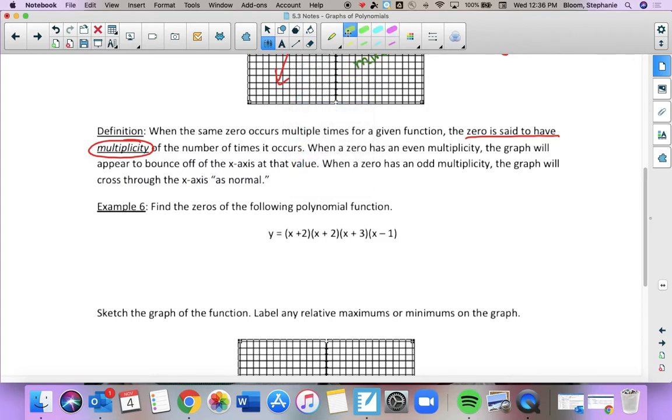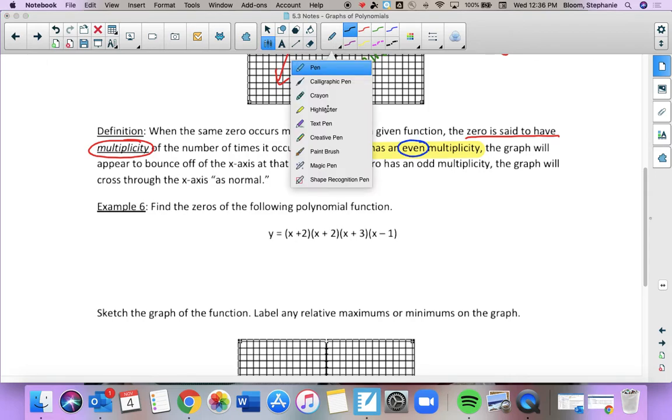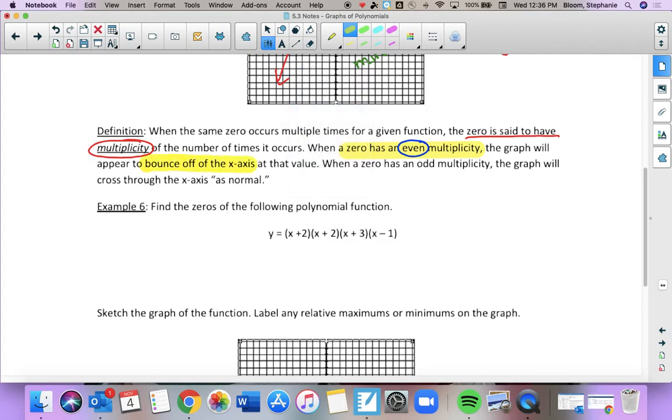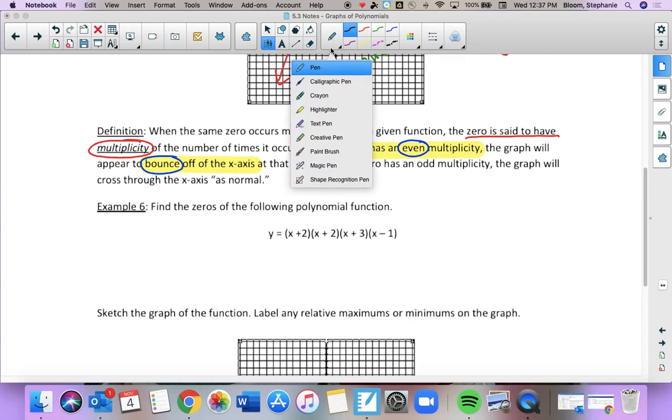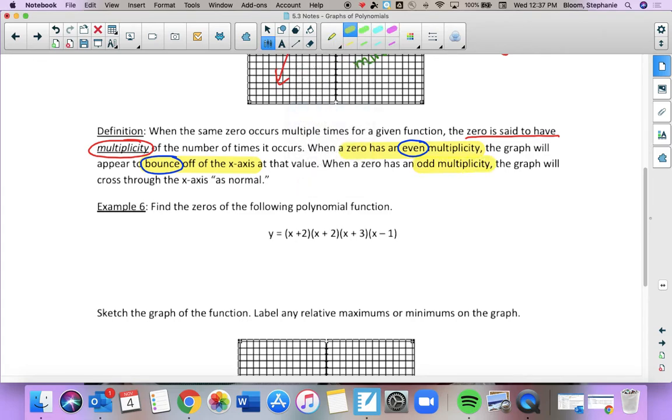When a 0 has even multiplicity, then your graph will bounce off the x-axis. Even multiplicity, your graph will bounce. If it has odd multiplicity, then your graph will cross like normal.